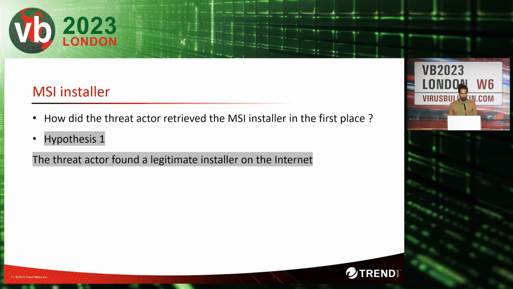The first question we asked ourselves is, how did the threat actor retrieve this MSI installer in the first place? Because it's not supposed to be public. Unfortunately, we don't have the final answer to this question, but we have a few hypotheses. The first one was that the threat actor found it legitimately on the internet.